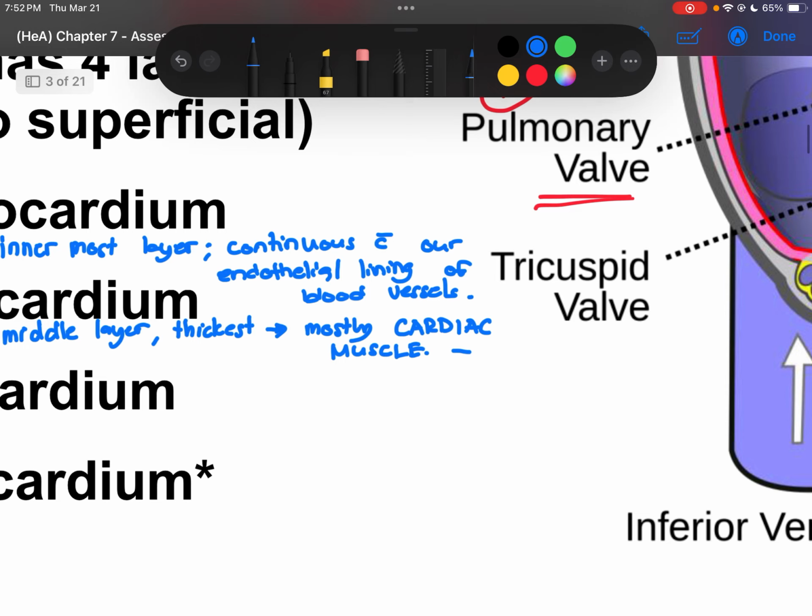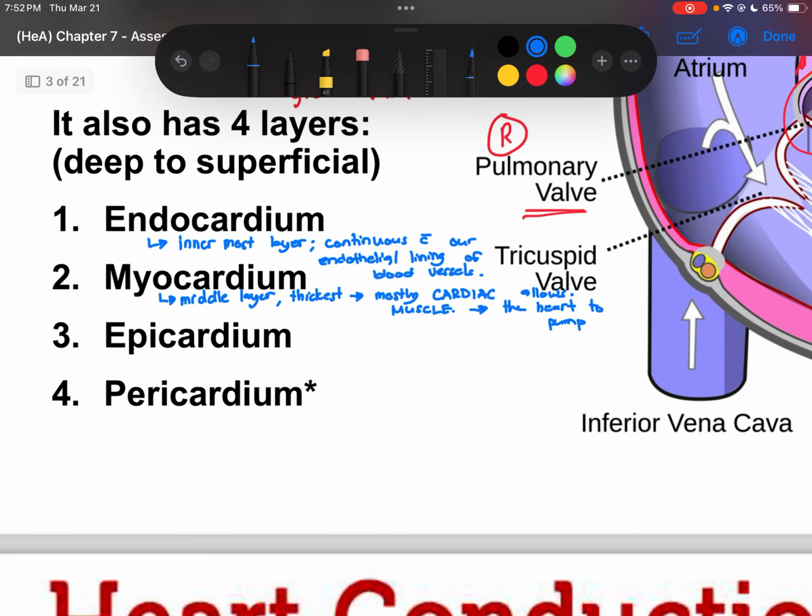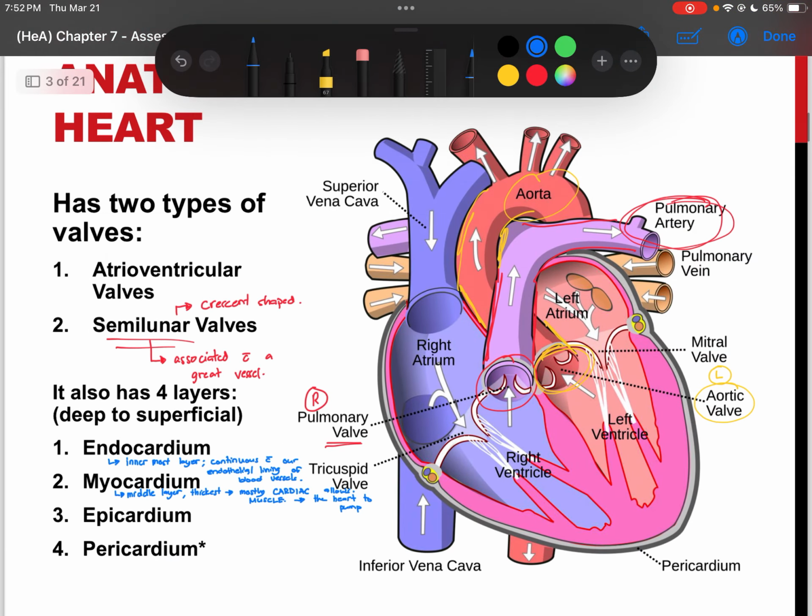If you remember from your anatomy class, this allows the heart to pump.